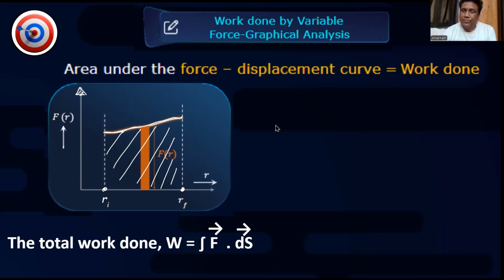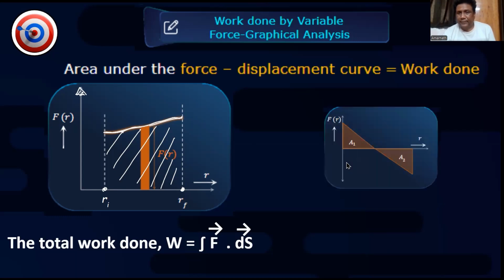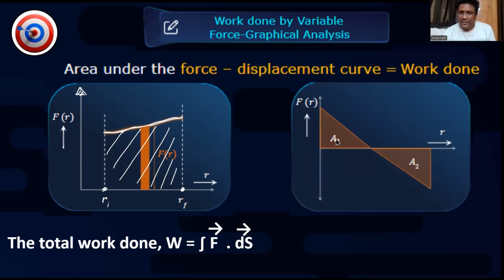Sometimes a question comes directly from a graph. We do not need to integrate it; we can directly calculate the area. If it is a trapezium, use the formula for a trapezium. If it is a circle, use the area of a circle, and for a triangle, use the formula for a triangle. It is also very interesting: here in the figure, area 1 is positive and area 2 is negative.